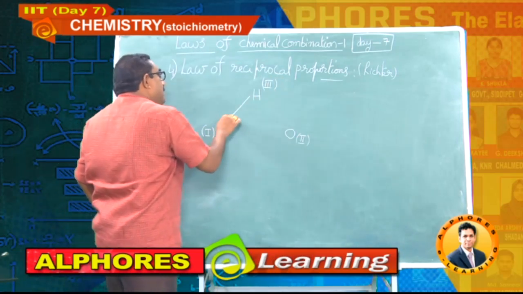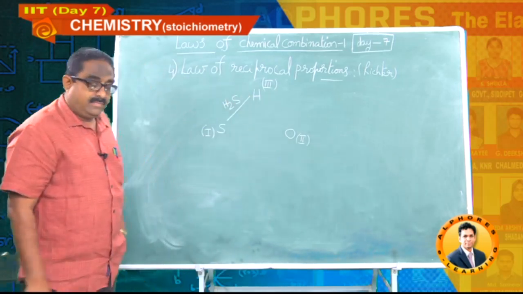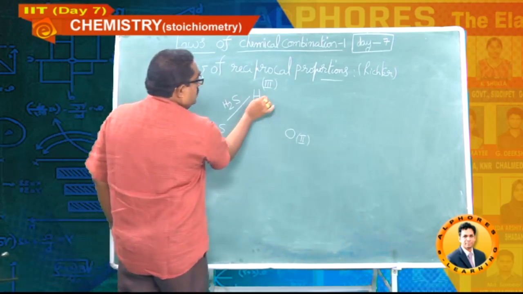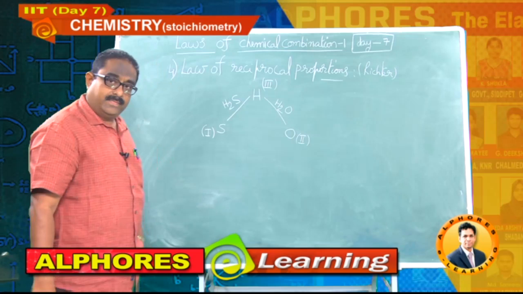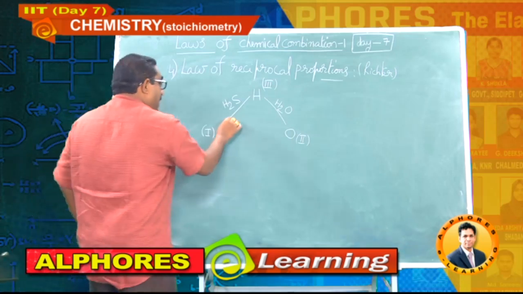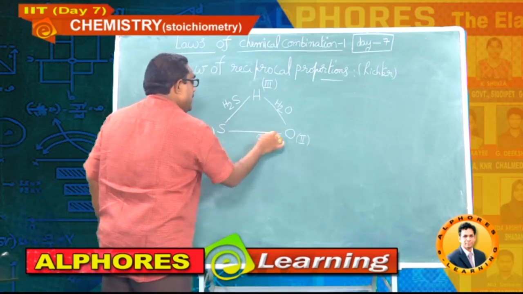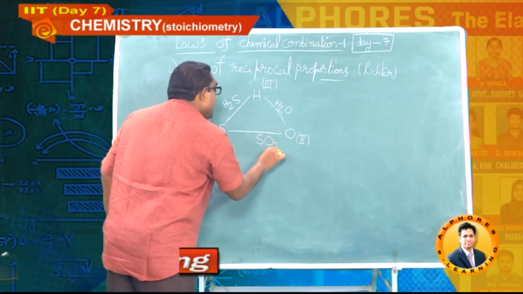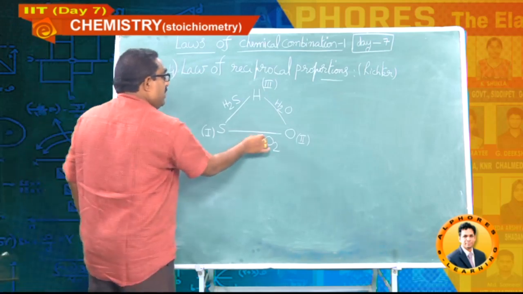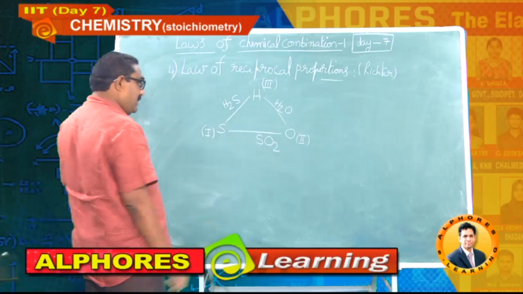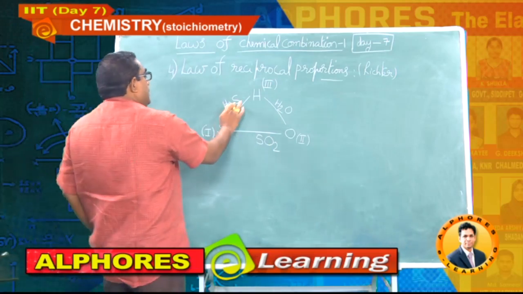These two will combine to form a compound H2S. These two will combine to form another compound H2O. And at the same time, these two also can form another compound directly from first and second elements, sulfur dioxide, say for example, sulfur dioxide. Okay. Here I am writing in detail.